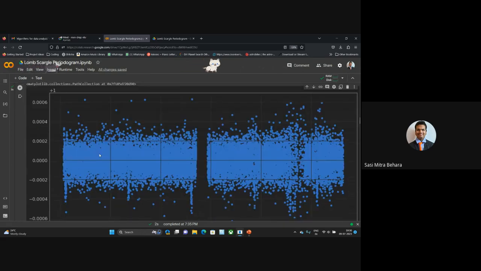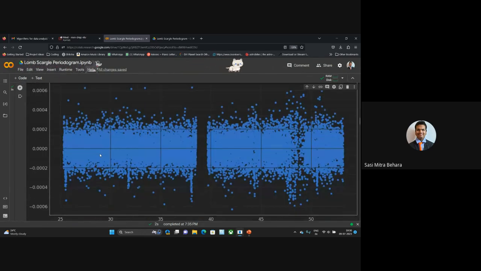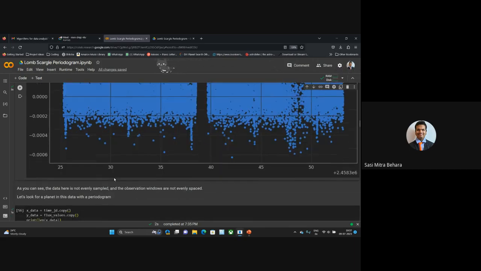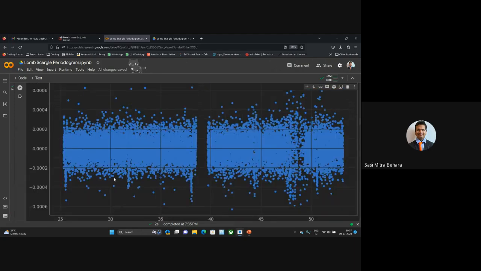And when you scatter whatever you've observed, this is essentially what you get. Now it's a bit weird because you have points all across the place. The data is not evenly sampled. It's a bit off, but we have something to start off with.